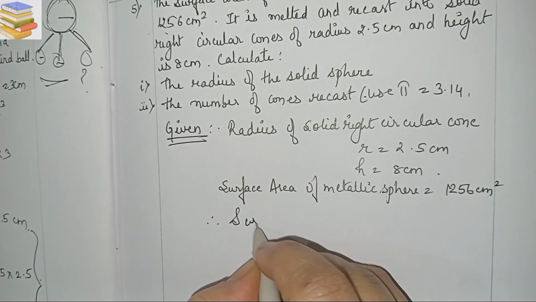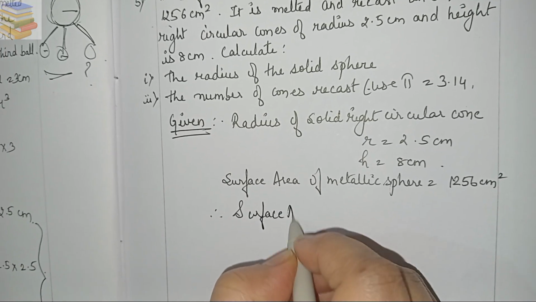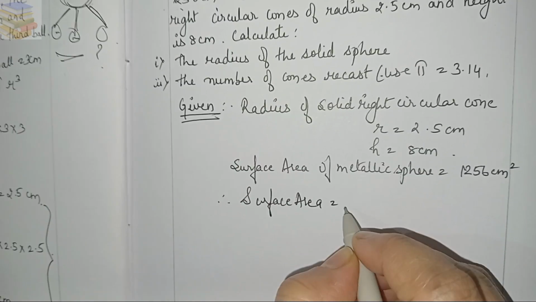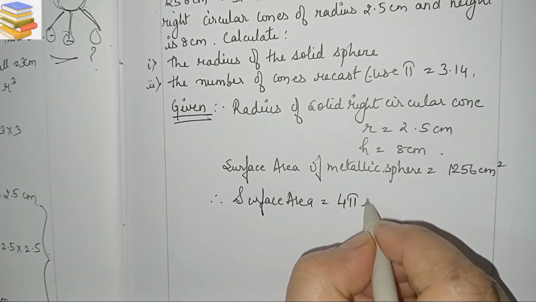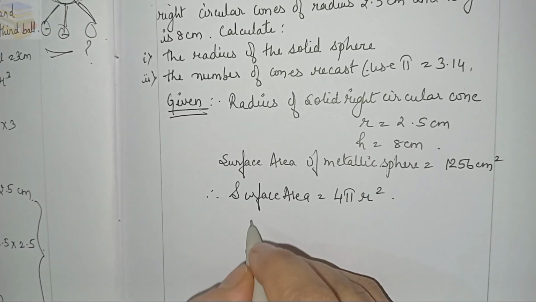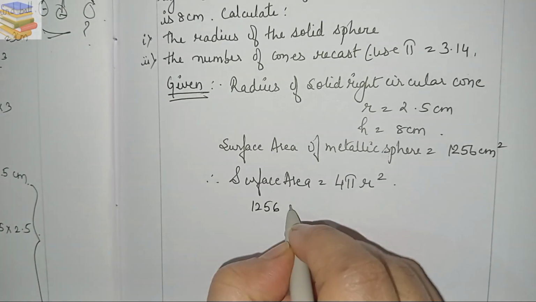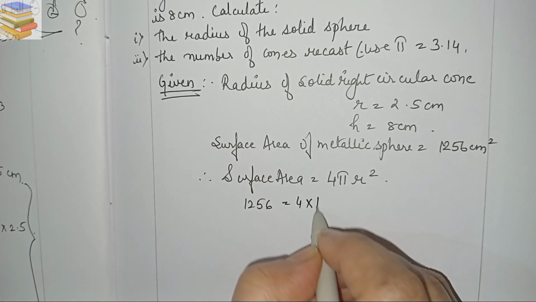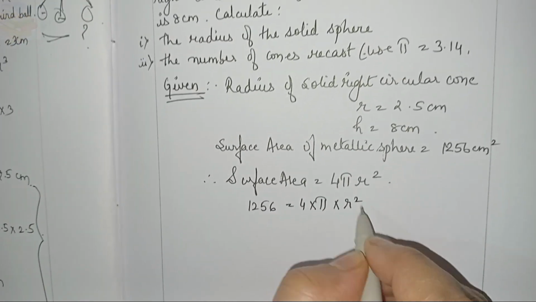Therefore, surface area is equal to 4 pi r square. 1256 is equal to 4 into pi into r square.